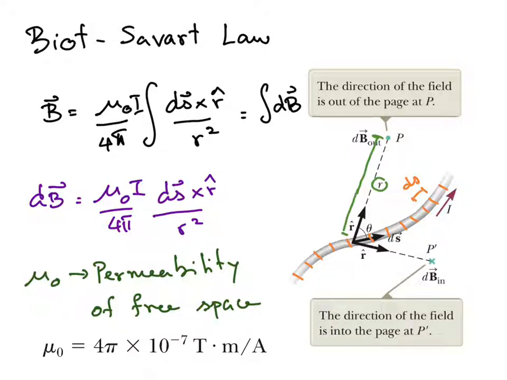From this definition, we can calculate the magnetic field generated from any shape of wire that has electric current passing through it. In general, we can do that, but in practice, most of the time we cannot calculate the exact form of the magnetic field because of the complexity of this formula.